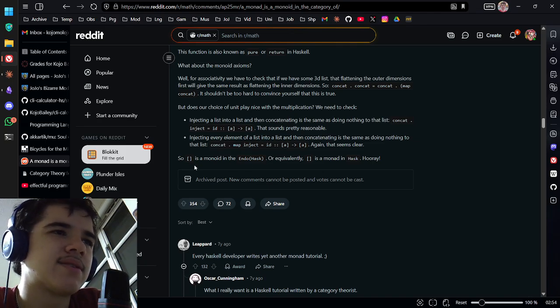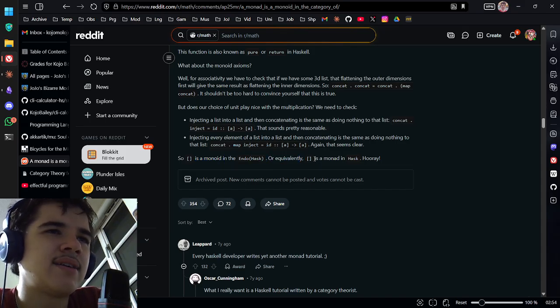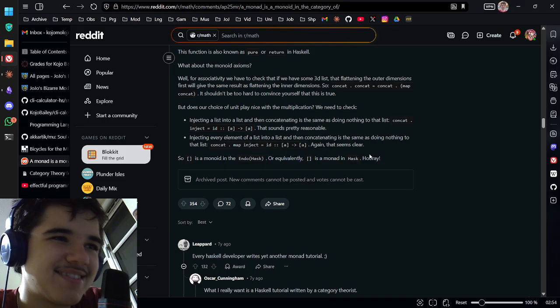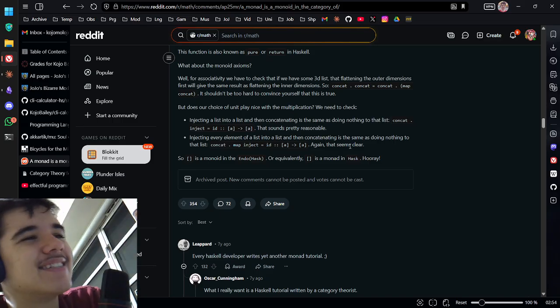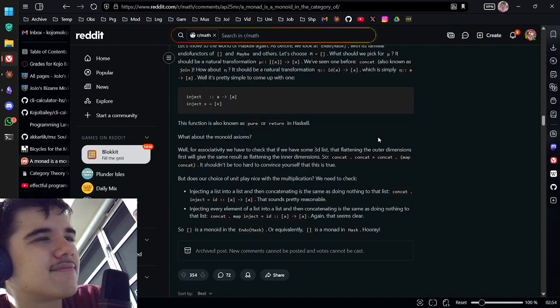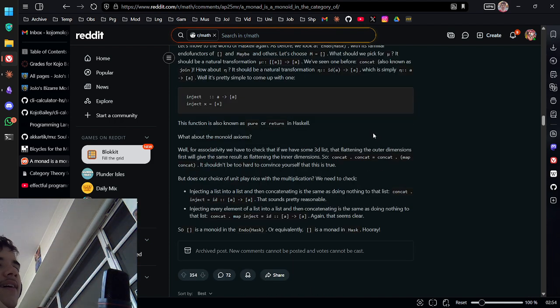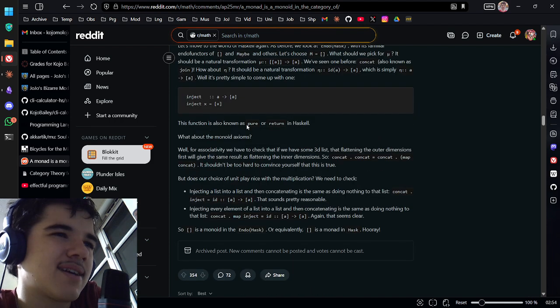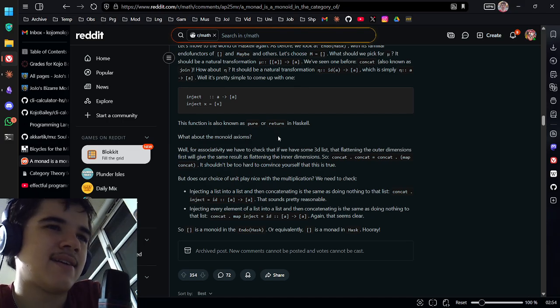Okay. So list is a monoid in the category of endofunctors. Or equivalently is a monad. Hooray. Okay. Sure. I kind of missed the whole point. I guess a monad is just a definition.